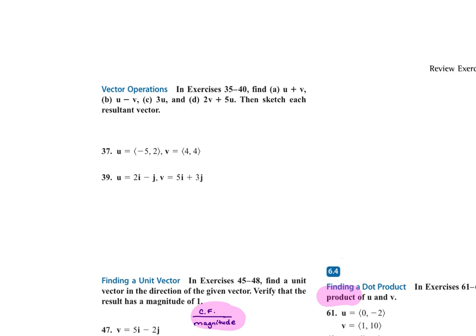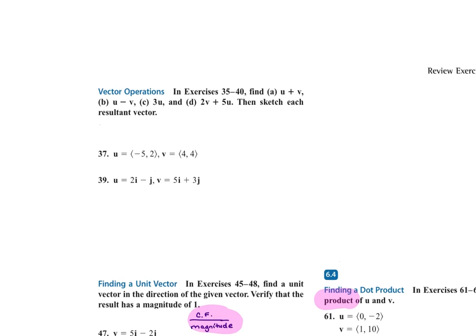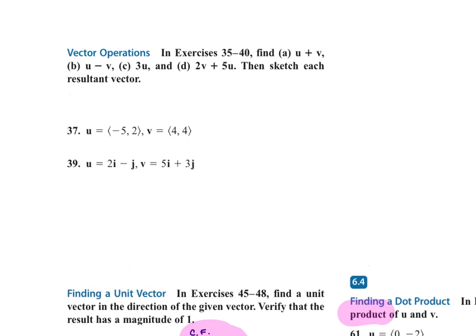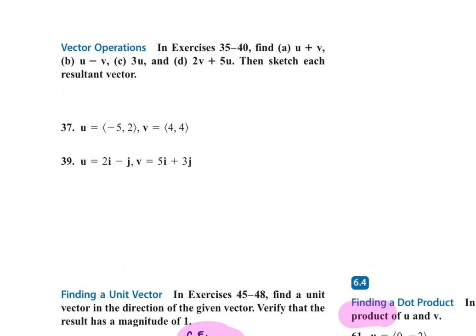Then you get into finding the sum of vectors, adding, subtracting, and scalar multiples on vectors in both component form and the ij format.